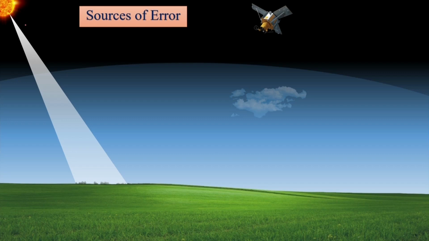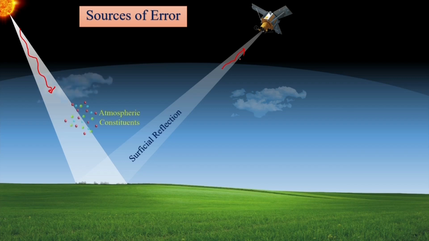From this geometry, you have already understood the effects. Now, the energy which is coming from the sun enters our atmosphere, and then what will happen? It will first interact with our atmosphere, then reach our surface, and then it will get reflected, and that radiance value will be recorded by our sensor.